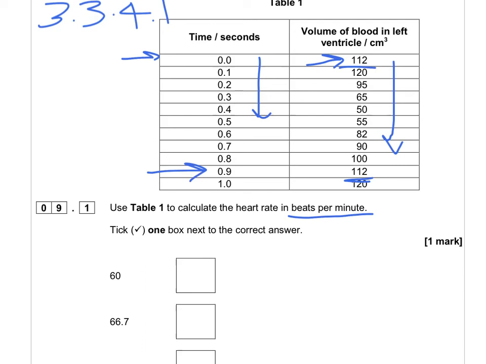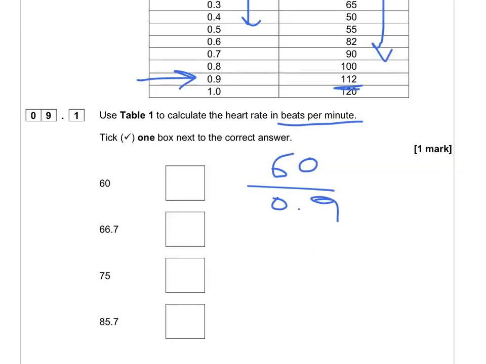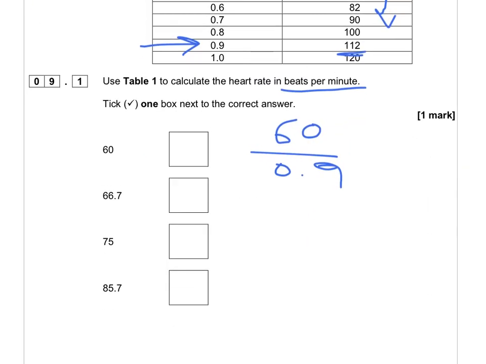But we need to know beats per minute, so there are 60 seconds in a minute divided by 0.9, and that will give you 66.7. So you're rounding up 66.6 recurring, so it's 66.7.